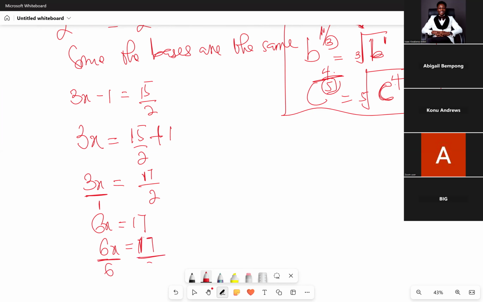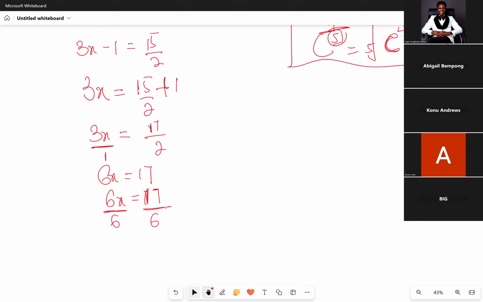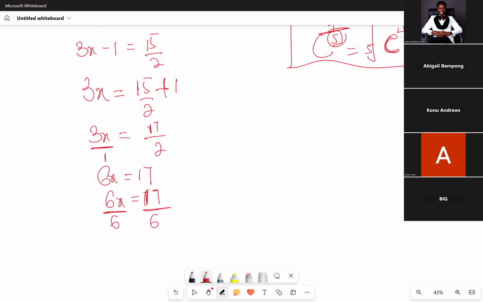You divide by 6. x equals 17 over 6, which cannot be reduced further, right? We leave it at that. x equals 17 over 6.